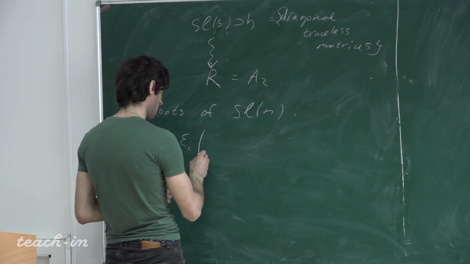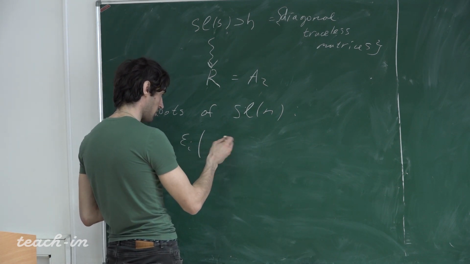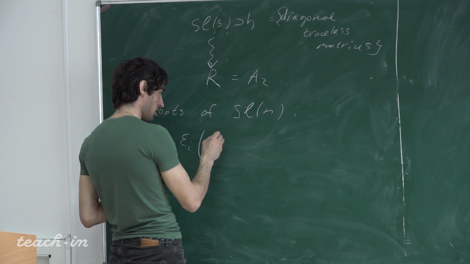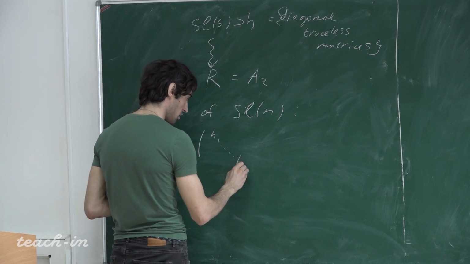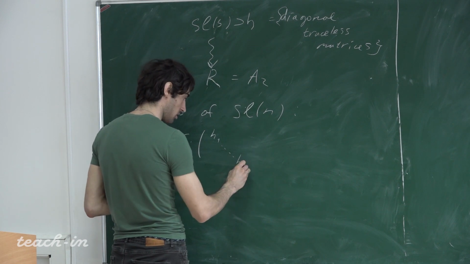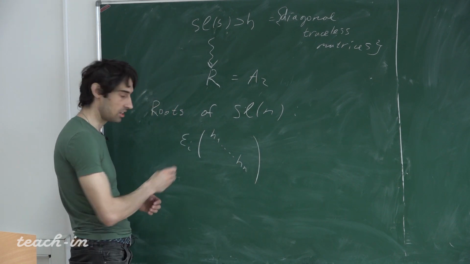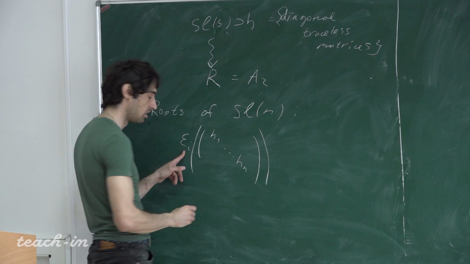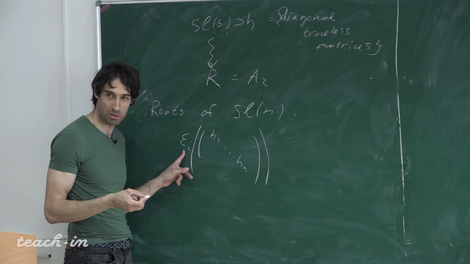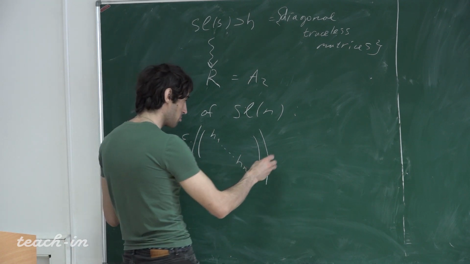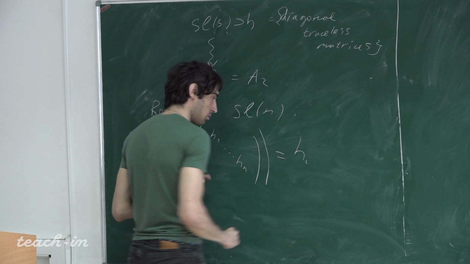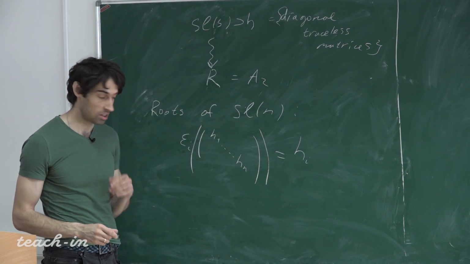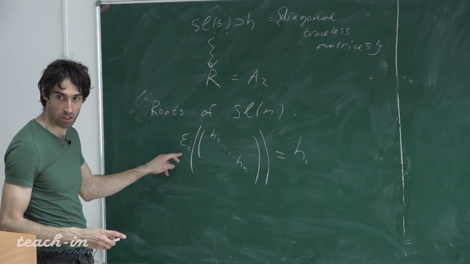I have a diagonal matrix like this, with entries up to N, and then the value of epsilon I on it just gives me the Ith entry H I.